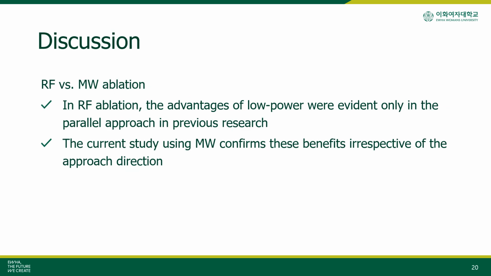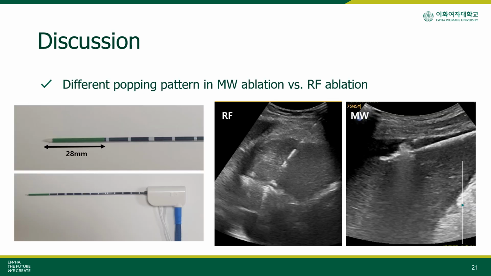We compared the current results with those of the previous study using RF ablation. While the advantages of low-power RF ablation were evident only in the parallel approach in the previous study, the current study confirms these benefits irrespective of the approach direction in microwave ablation. These differences may be attributed to the distinct locations of energy concentration in the two modalities.